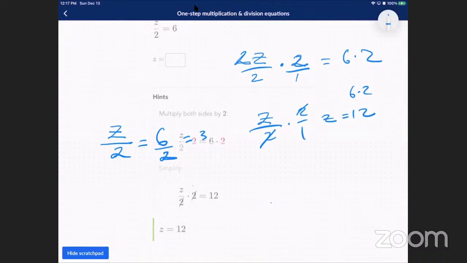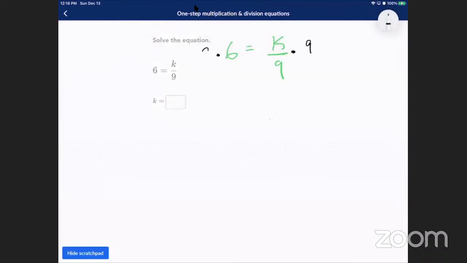And 9 times 4 is 36. And then the 4s cancel, we just end up with d on this side. We put 36 on the side.